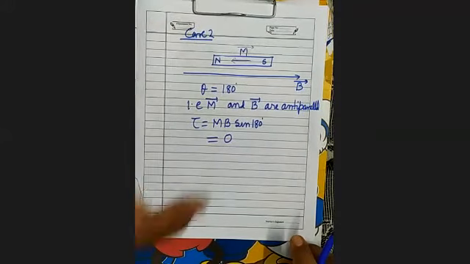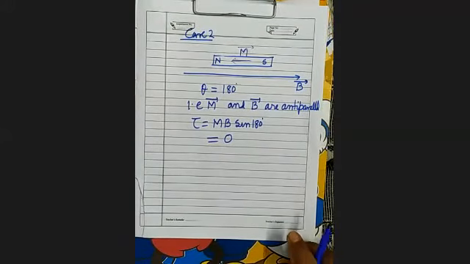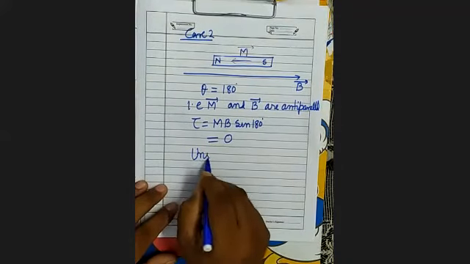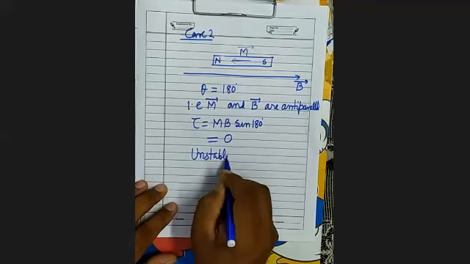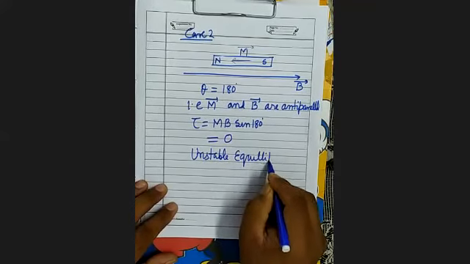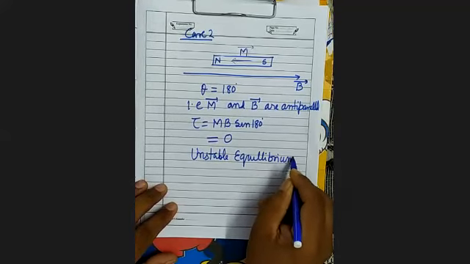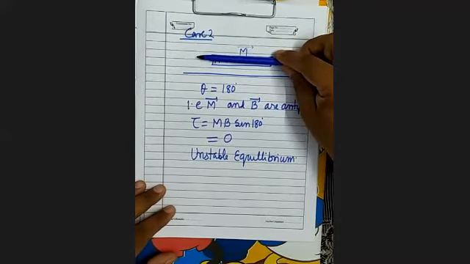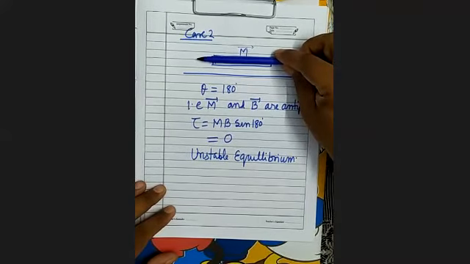Now, whether it is a stable equilibrium position or not. Here it will be in unstable equilibrium. It means as long as it is placed in this way, no torque acts upon it.